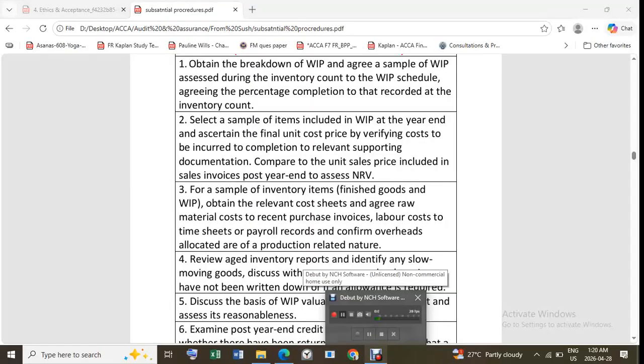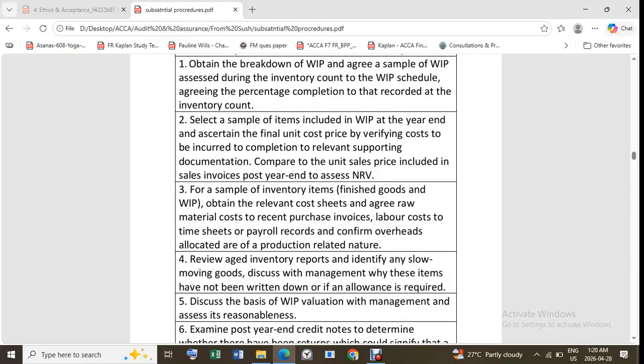So, for a sample of items included in WIP, as per IAS 2, how do we value WIP? First we take the sales price, minus the cost to be incurred to complete, and minus the cost to sell, and the resulting value will be the NRV of the WIP.